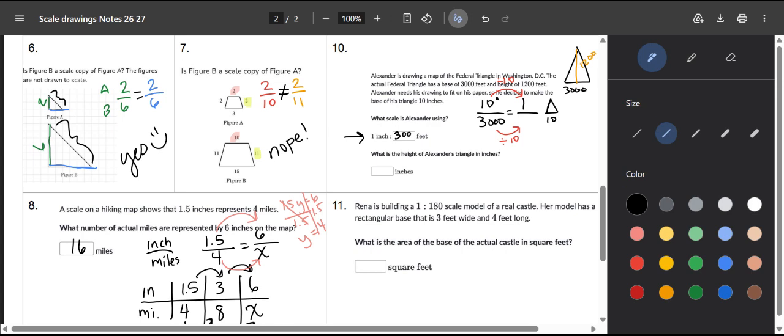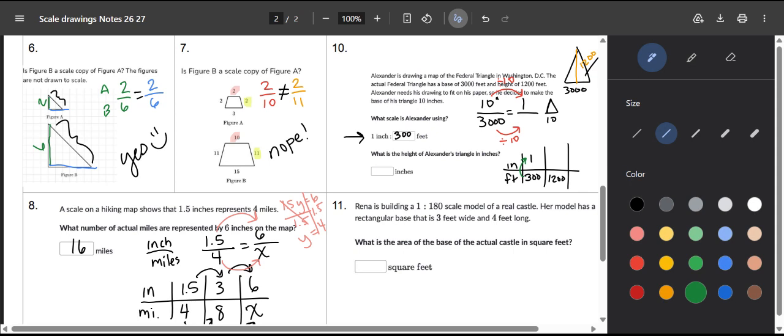Now we can find the height of his triangle in inches. We know that 1 inch represents 300 feet. We know that in real life, the height of his triangle is 1,200 feet. Now I've got 2 ways that I can solve this. I can look at feet to inches. How would I go from 300 down to 1?